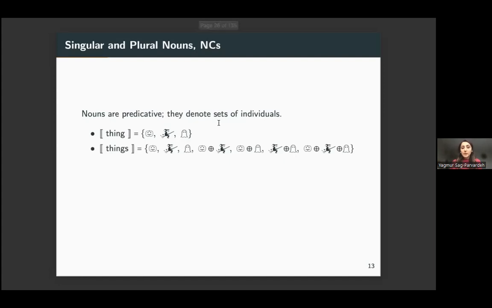But with plural nouns, we are assuming that we have a set that includes all the atomic individuals as well as all the pluralities that you get from them, including the maximal plurality. So everything in that mereological representation goes inside the set denoted by a plural noun. These brackets, in case you don't know, mean the meaning of this noun is the following. They're called denotation brackets.